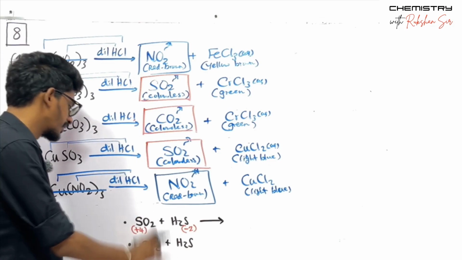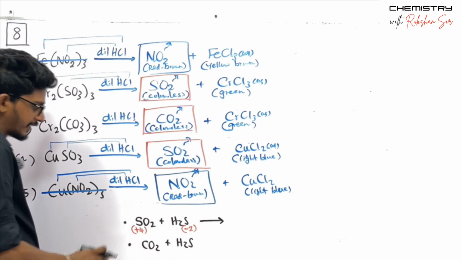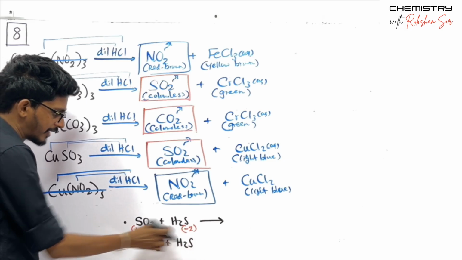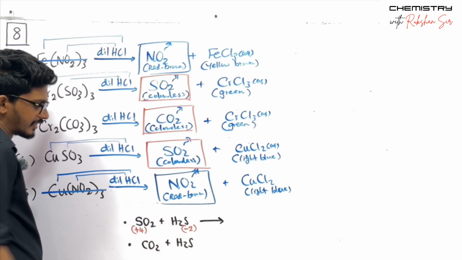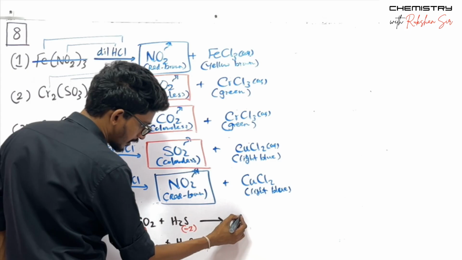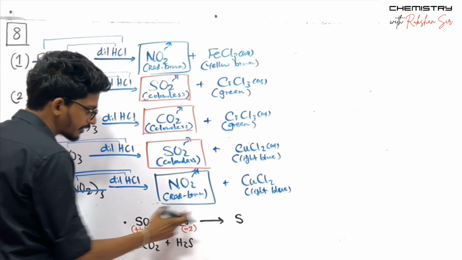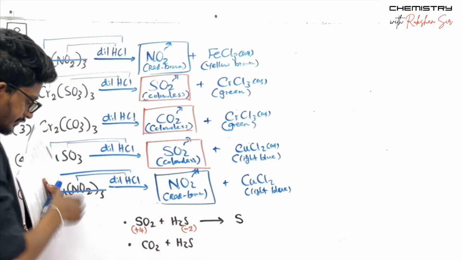Here, the common oxidation state between the plus 4 and the minus 2 of sulfur is 0. So this one will reduce to 0 sulfur, and this one will oxidize to 0 sulfur.